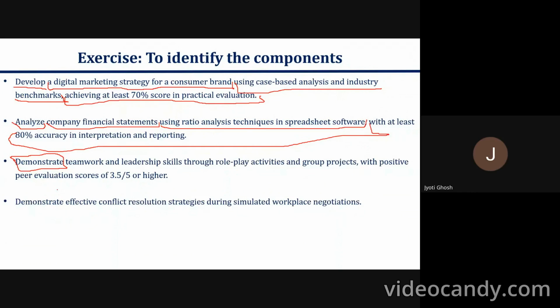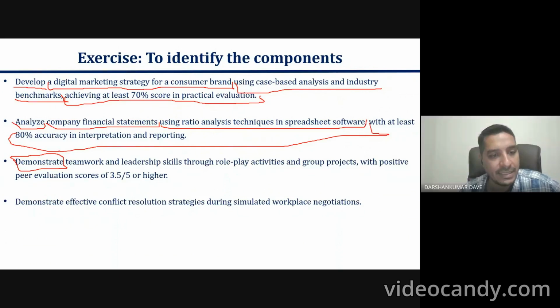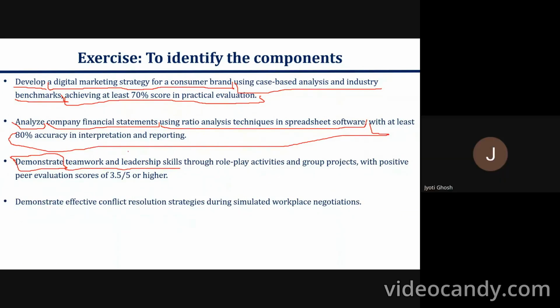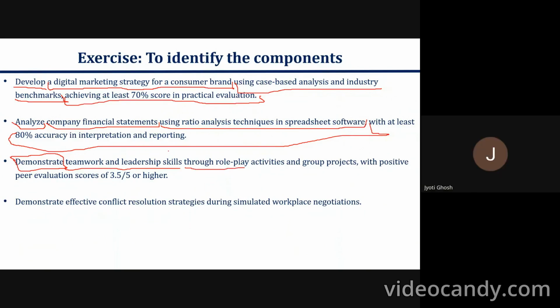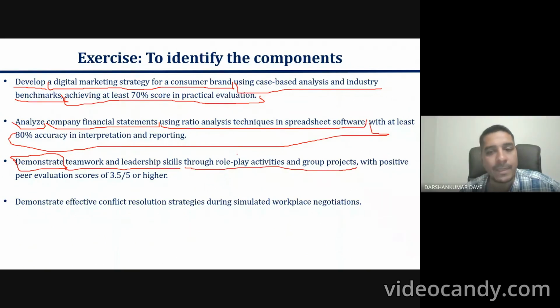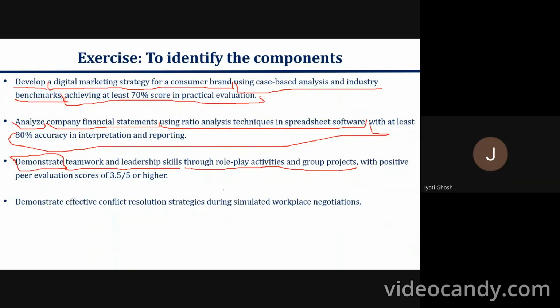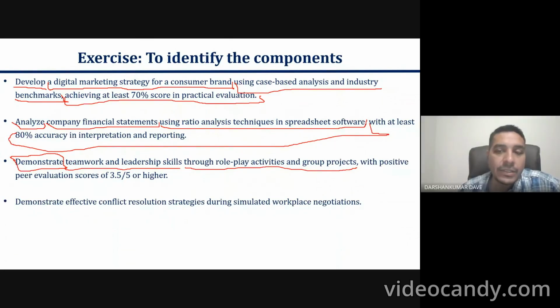Next, the context will be role play activities and group projects. And last will be the criterion or the standard for success: positive peer evaluation scores of 3.5 out of 5 or higher. Correct. 3.5 score. Correct.